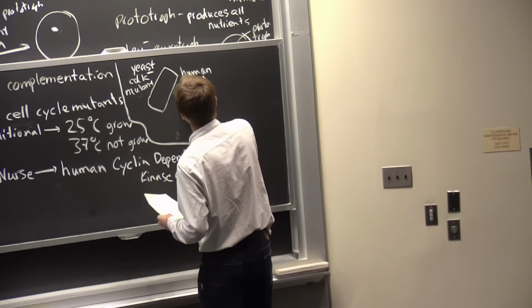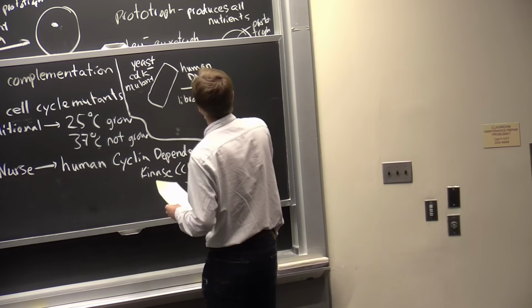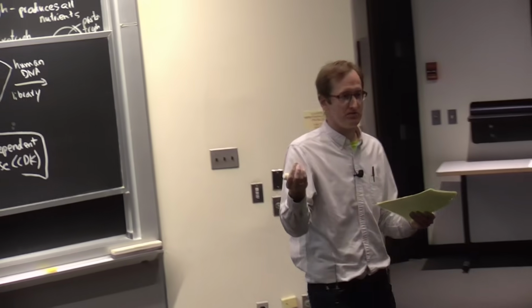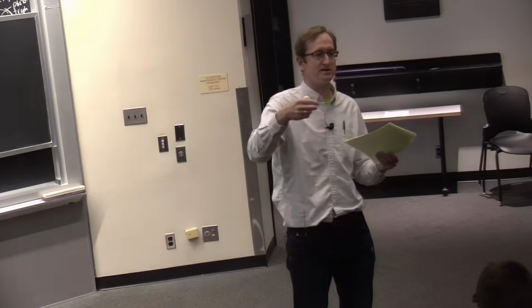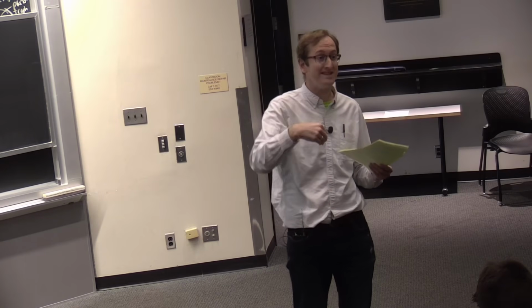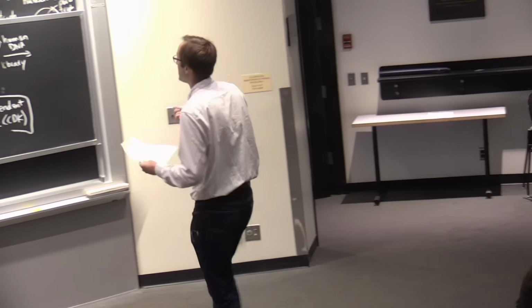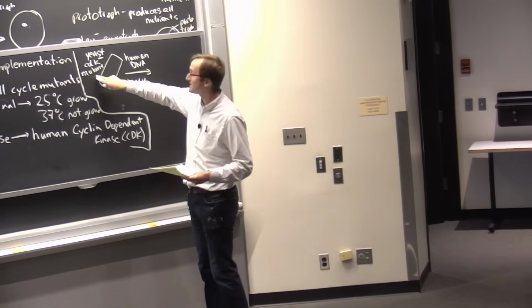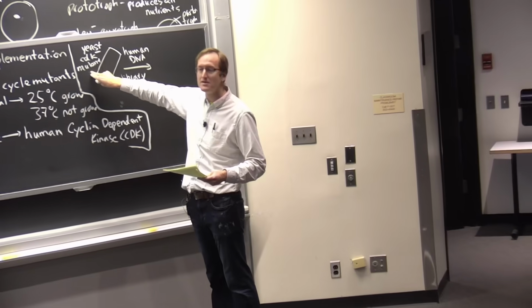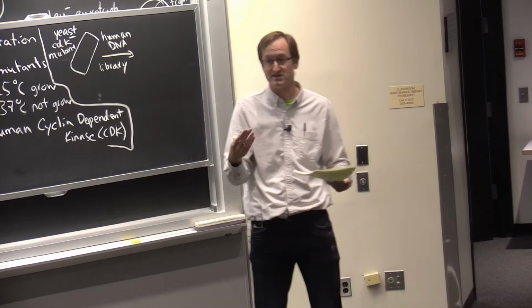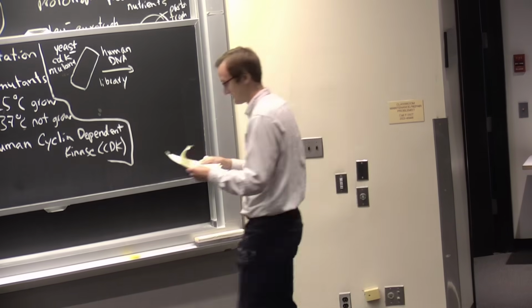That's just a collection of pieces of DNA from a human source, okay? So he's taking human DNA, putting it into a yeast plasmid, and transforming yeast with that human DNA. And he's looking for a piece of DNA that's able to complement the CDK mutant, meaning that the yeast cells would then be able to grow at the non-permissive temperature of 37 degrees.